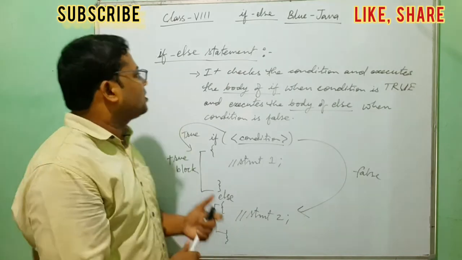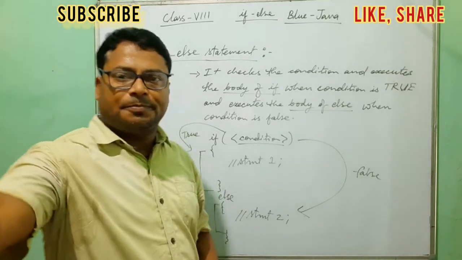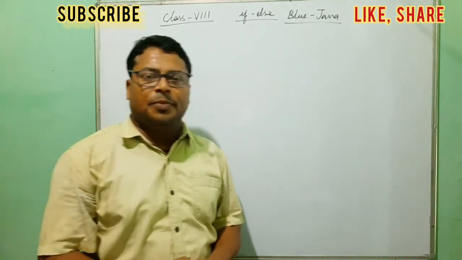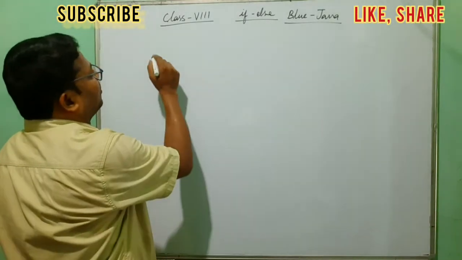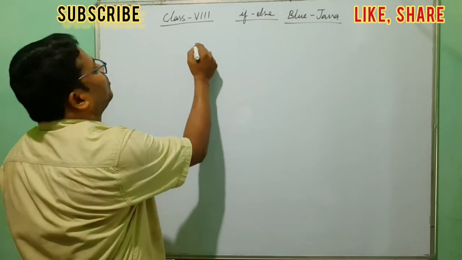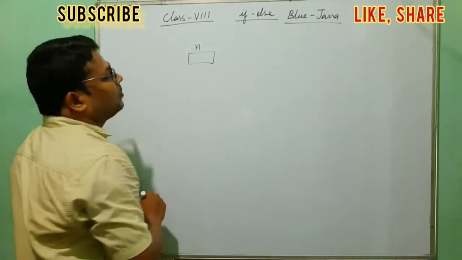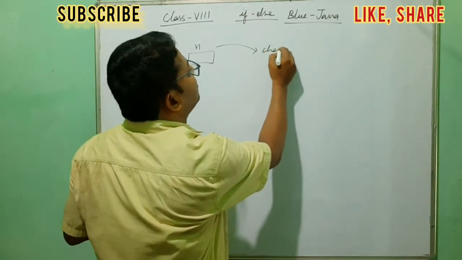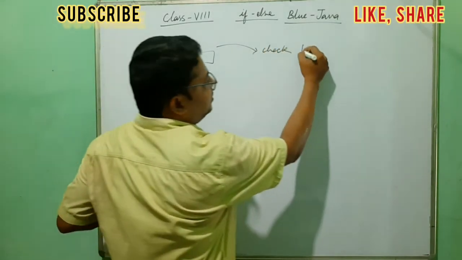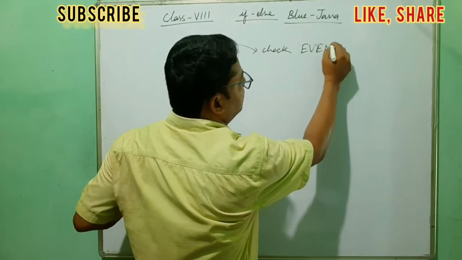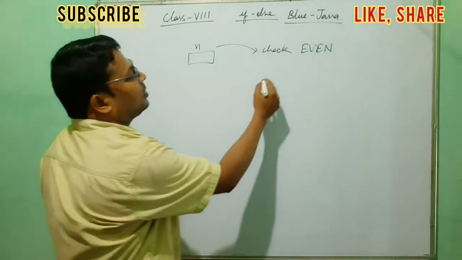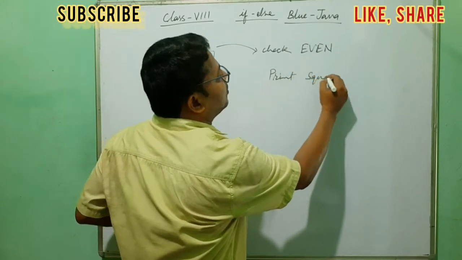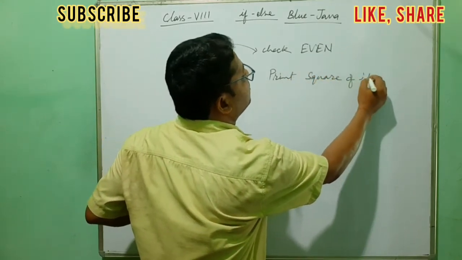Now we understand with one example. Suppose we take a number as input, and after that we do some operations. Check if it is even; if even, then print the square of it.